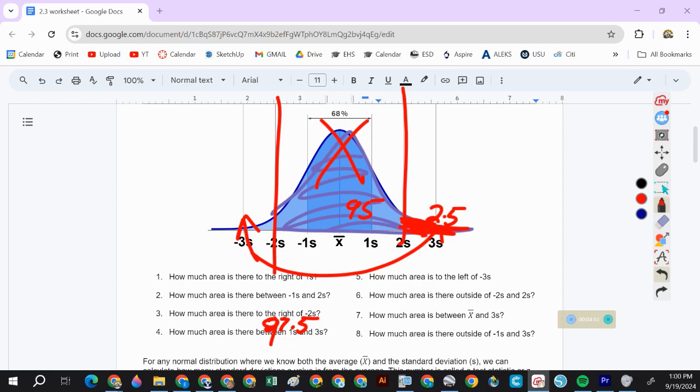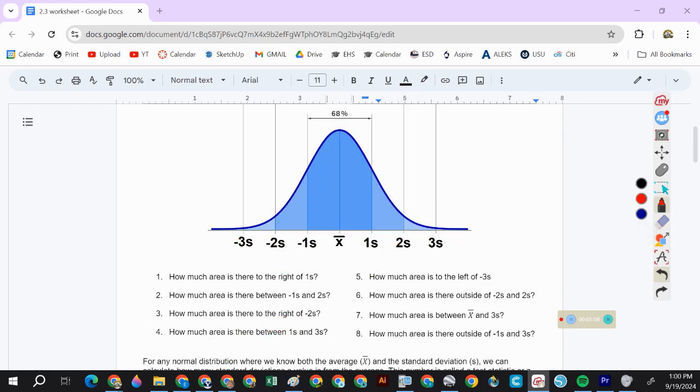Okay. Kind of getting the hang of that? What did you get for 4? 15.85. Does anybody need to see why or how? You need to see it? Okay, I can do that. So we want this here, right? So if I draw the curve and I do plus or minus 1, this is 68, right? So that means that this piece is 34, right?